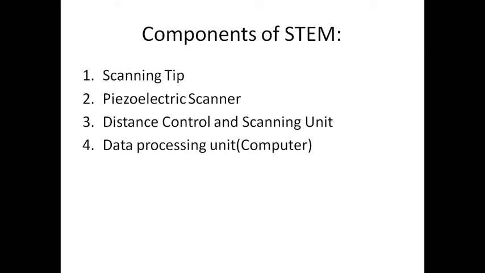So dear student, in STEM, that is scanning tunneling electron microscopy, the first component is the scanning tip, second component is the piezoelectric scanner, third component is the distance control and scanning unit, and last one is the data processing unit, that is the computer.